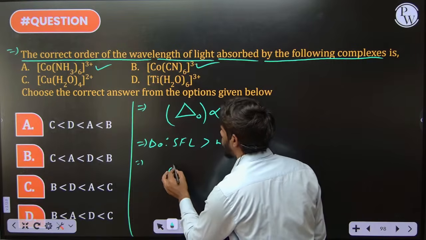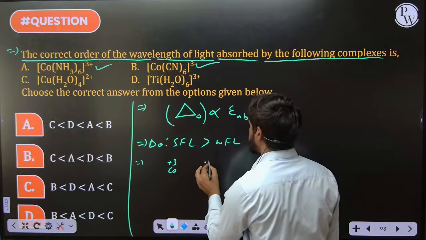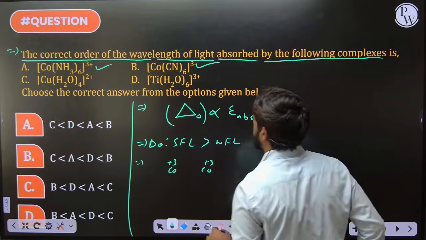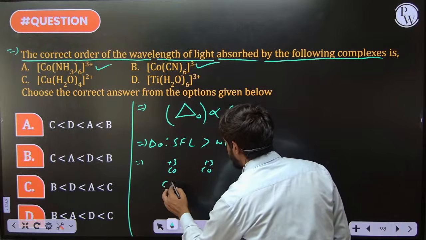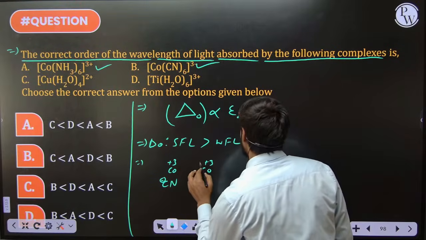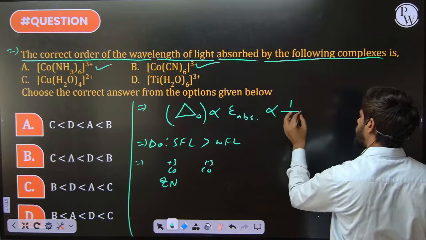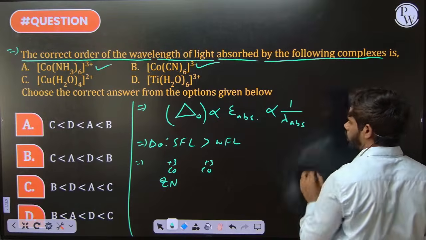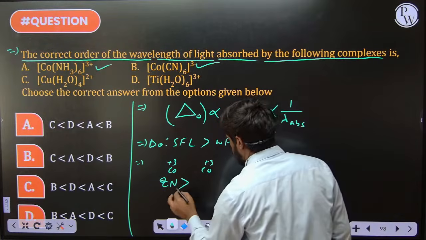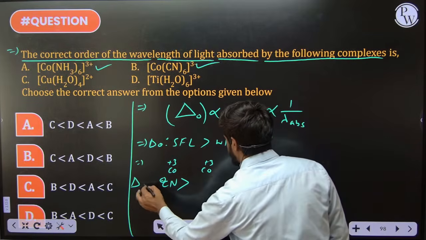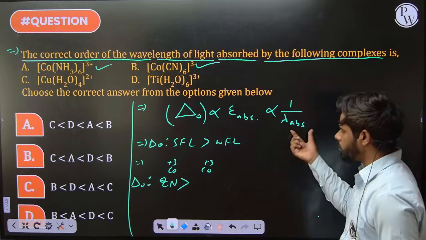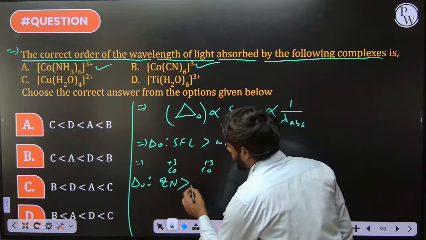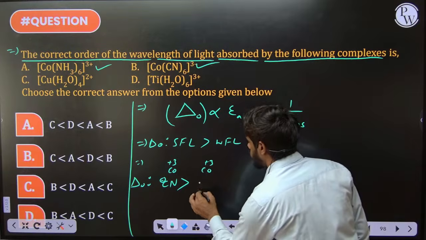Cyanide is the stronger field ligand, and a stronger field ligand will have a less lambda value. If delta O is higher, lambda absorbed will be less. So delta O for cyanide is more than NH3.